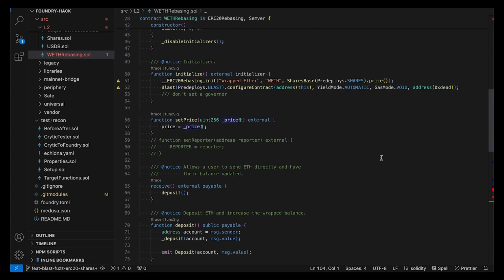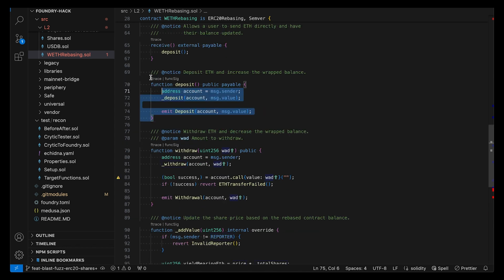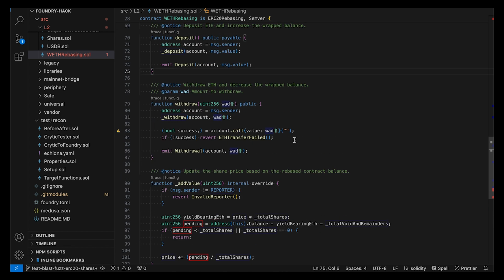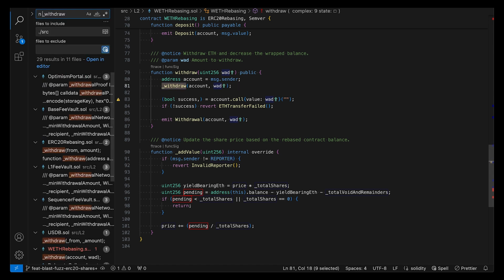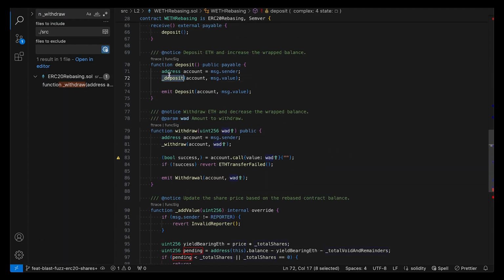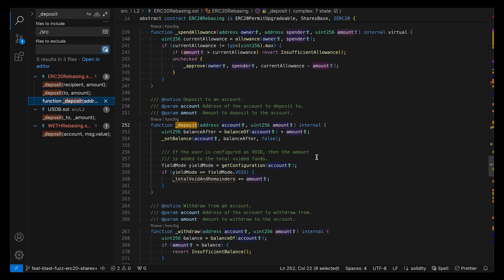I spent quite a lot of time on the contest, but fundamentally, what WETH is here is an adaptation of WETH that will use the withdraw and deposit functions that come from the ERC20 rebasing contract, which, as I said, will use this idea of remainder and shares.